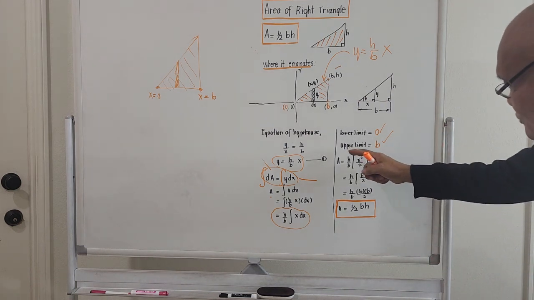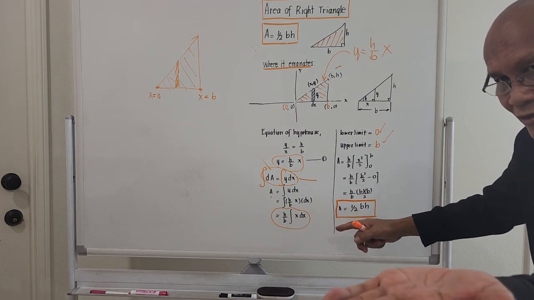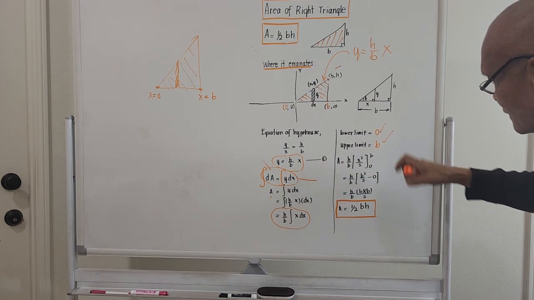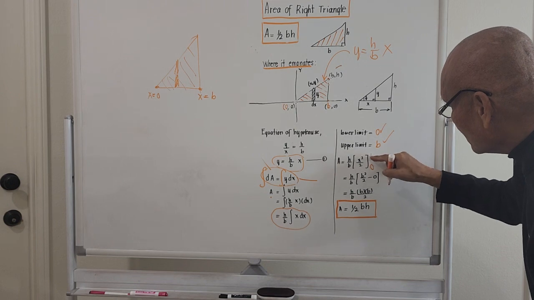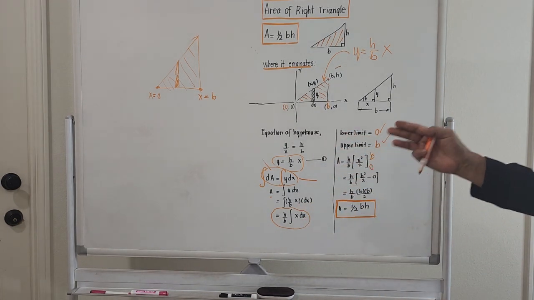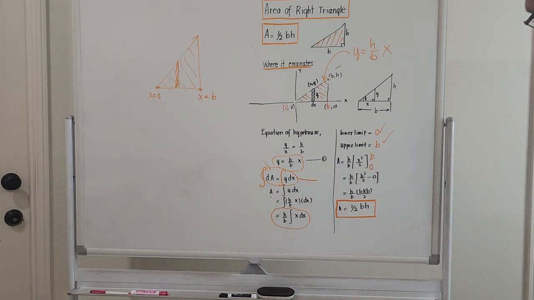So this should be h over b. And the integral of x dx, it's under the power formula. It is x squared over 2 with the limit from 0 to b. We passed by the evaluation of definite integrals, so this is just an easy matter now.